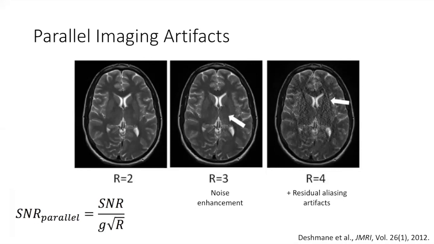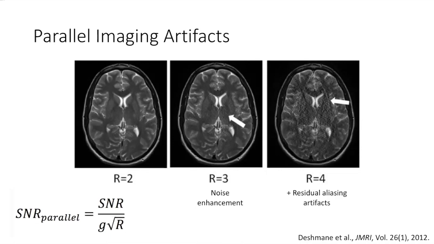But in general, as an example here, this is with a 12-channel coil. At R equals 2, you don't really see any kind of artifacts, but when you go to R equals 3, you get noise enhancement, particularly in the center of your image.